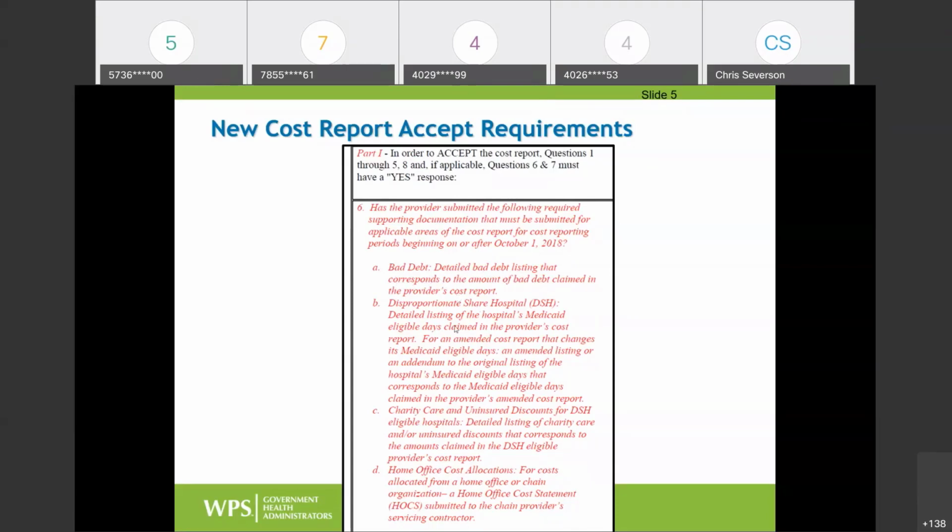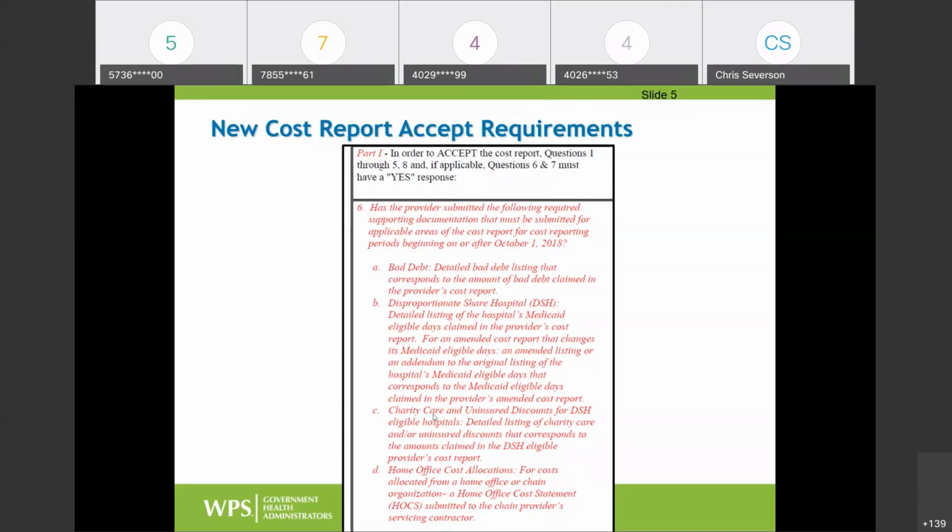The DSH, basically the same thing here. It has to show the Medicaid eligible days, the DSH days basically, that correspond to the amounts claimed in the provider's report. Charity care and uninsured discounts. So this is basically our S10 reviews. But again, whatever you report on S10 has to correspond to the amount claimed on the cost report.